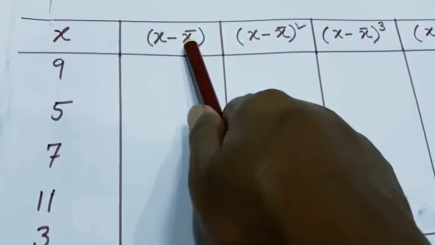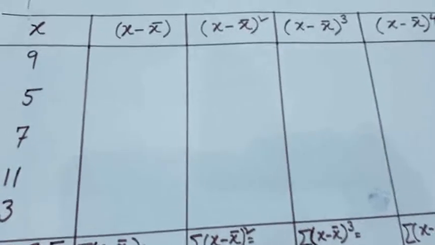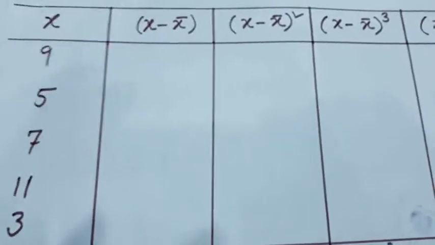So what we have to do? We have to subtract 7 from each and every observation.